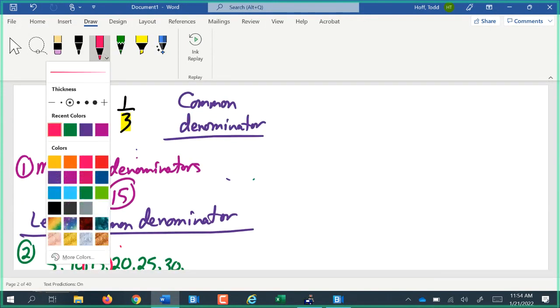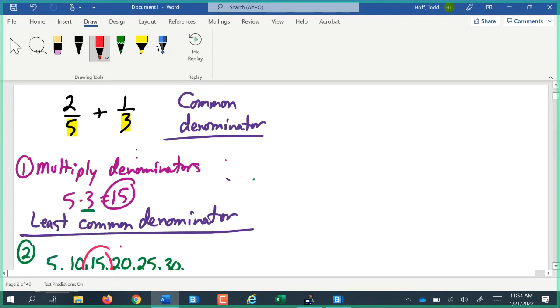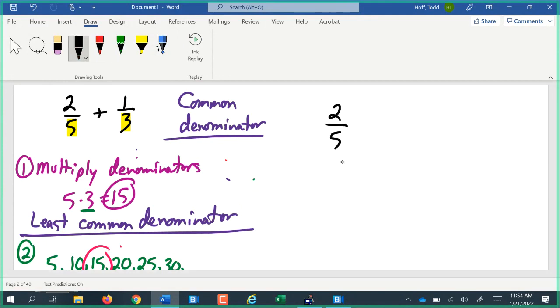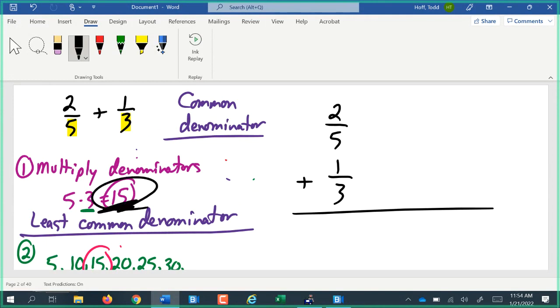So now when we go to do the addition, I typically set them up vertically, just because my mind tends to work addition and subtraction vertically. I have 2/5 plus 1/3, and then I'm going to change them to that common denominator of 15ths. To turn a 5 into a 15, I have to multiply by 3.